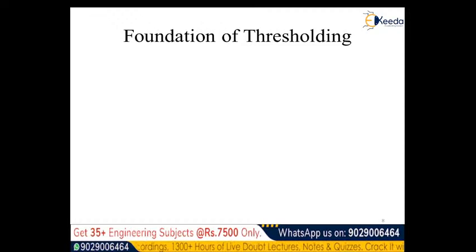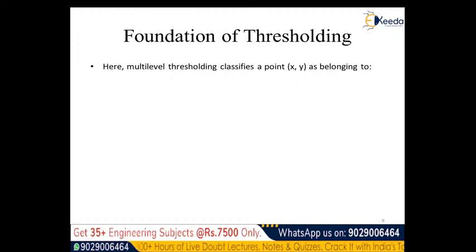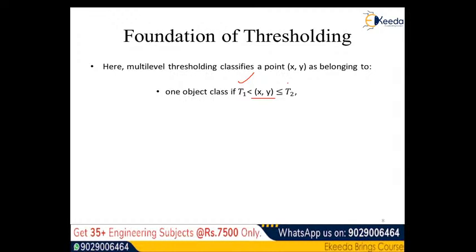So for this particular type of histogram, let us take the rules one by one. First, the identification of one object class: if the considered pixel intensity at the location x, y is greater than t1 and less than or equal to t2, this is one region, or one object.